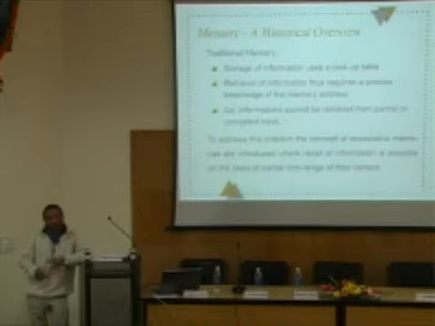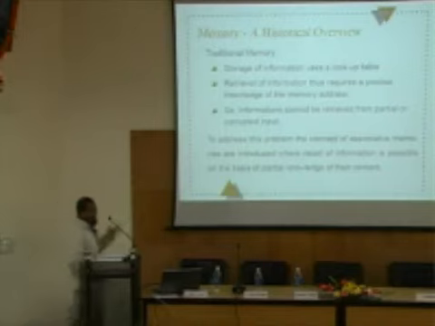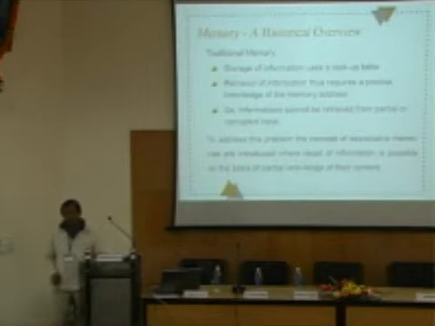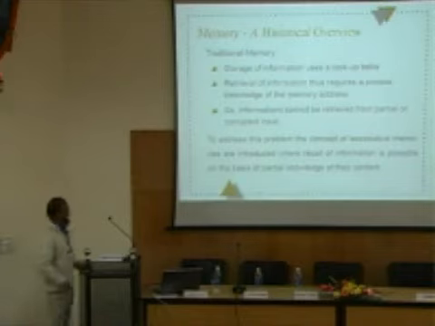And second, when a desired pattern or partial information of it is presented, it should be able to tell us that this is the pattern, right? So pattern storing and pattern retrieval, when both are done simultaneously, then we say it is a memory. It is not simply enough that you put in the memory, we must also know how to retrieve the pattern from the memory. So that is associative memory.